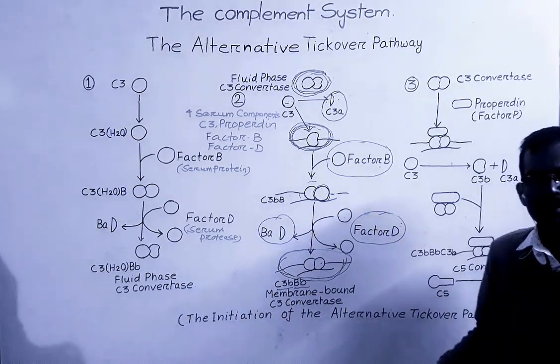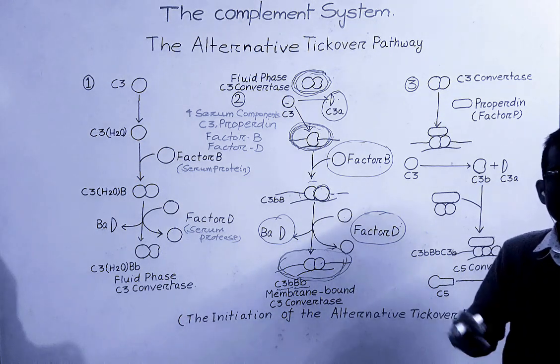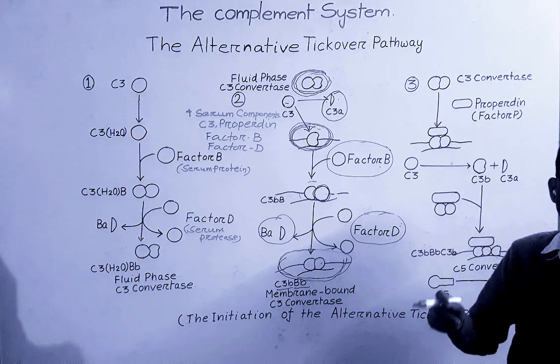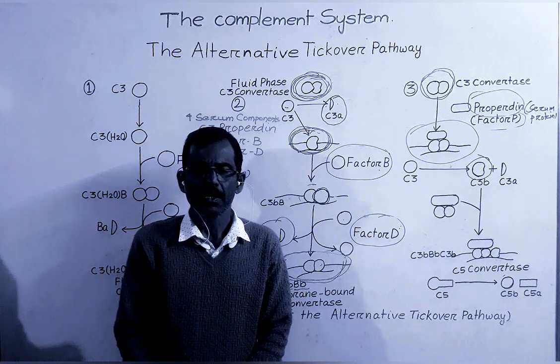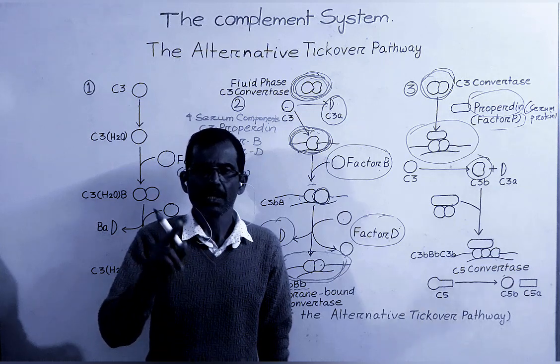After that, the membrane-bound C3 convertase takes over from the fluid phase C3 convertase and becomes the prominent enzyme complex. So, in the alternative Tickover pathway, there are two C3 convertases.